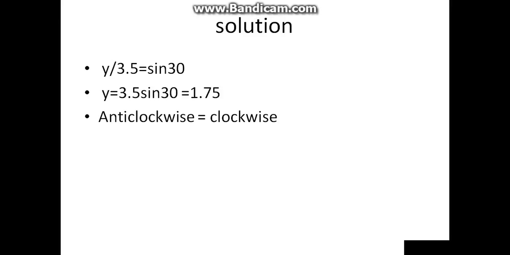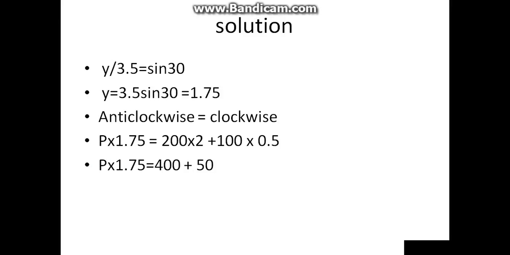Then to solve for P, since the side where the force P is pulling the body is 1.75, we have P times 1.75 equals 200, times its distance from the pivot, which is 2, plus 100 Newton times the remaining distance of 0.5.